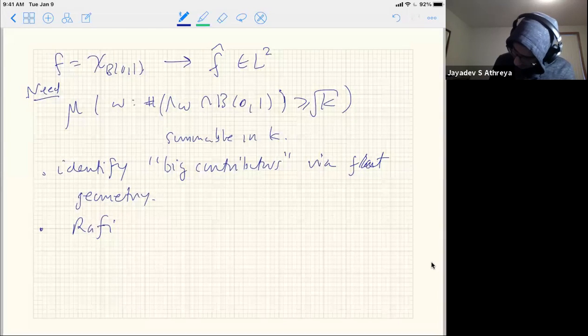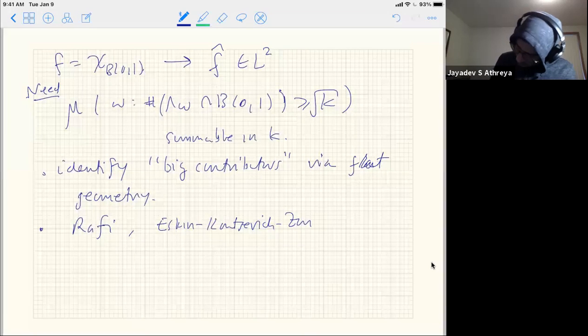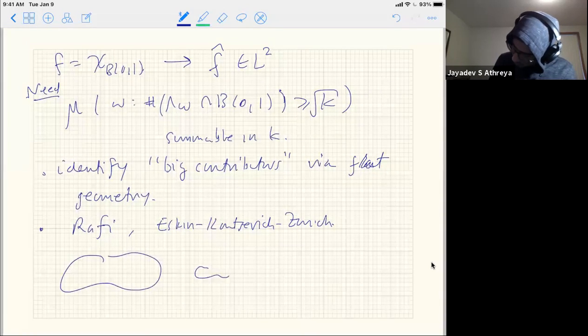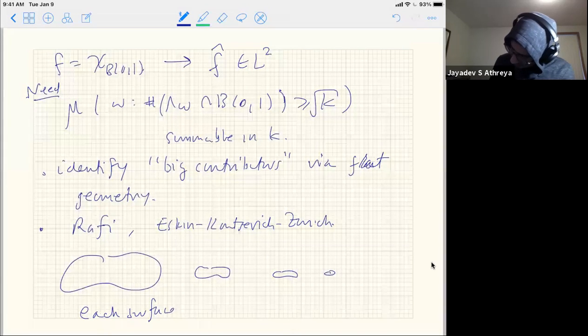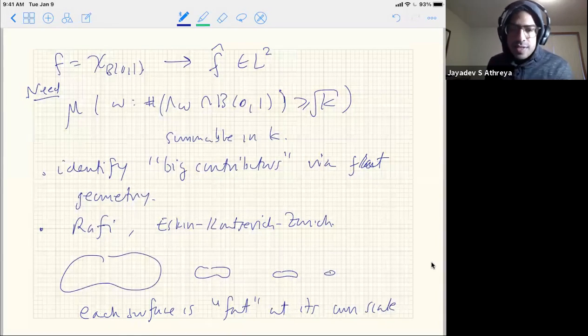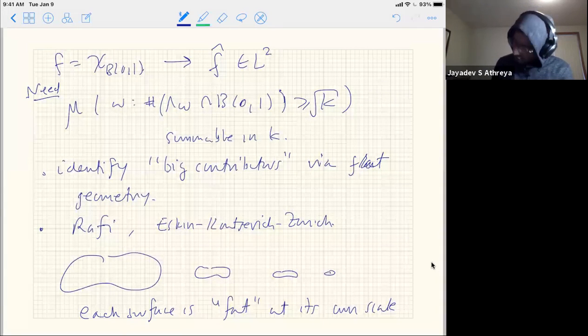This is also explained nicely in Eskin, Kontsevich, Zorich, but really it is an idea of Rafi, which is that every translation surface can be decomposed into surfaces which are all at their own scale. So I'm drawing this scaled picture, but each surface is fat at its own scale. That is, all the lengths of the saddle connections are comparable on each surface.